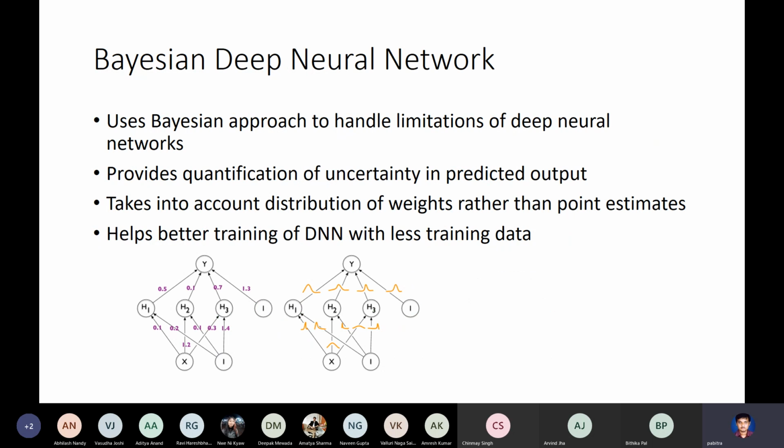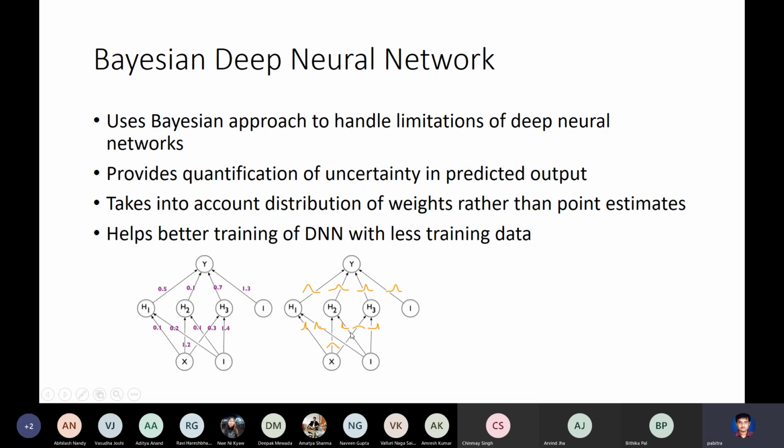Okay, so these two ideas were merged to form what is called a Bayesian deep neural network. The difference is as follows. In the left of this figure, you see a normal neural network where the weights are single point values.